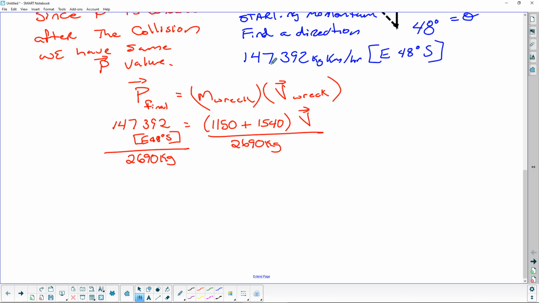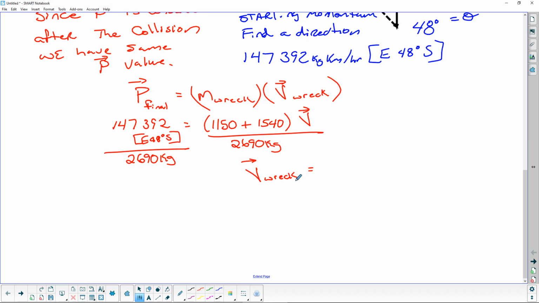And we're going to round it off to three significant figures now for our final answer of the velocity of the wreck. Okay, what would it look like? Okay, we take 147,392 and we divide out with our calculator 2690.